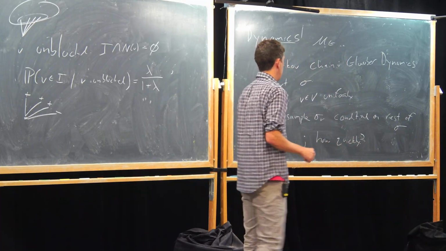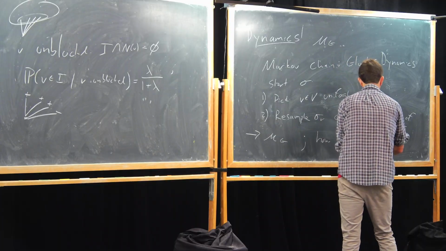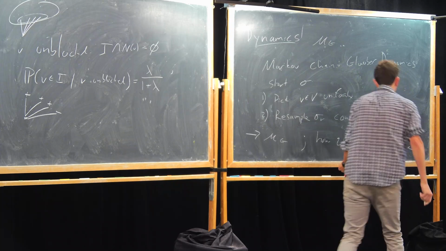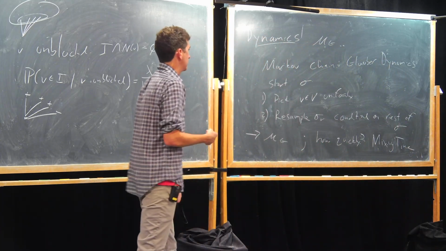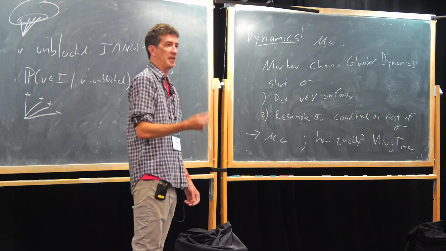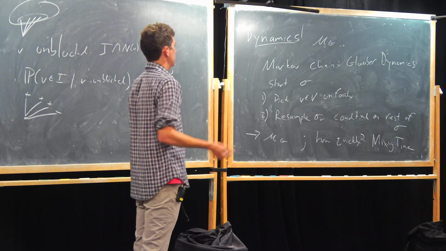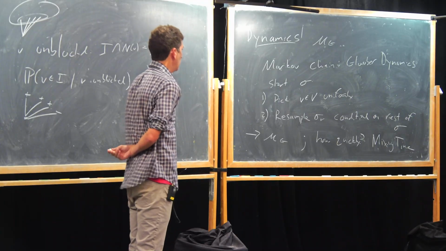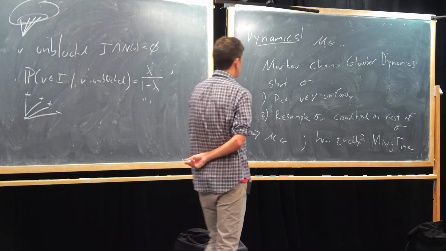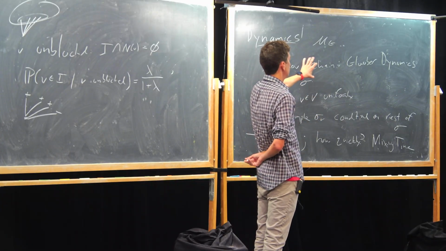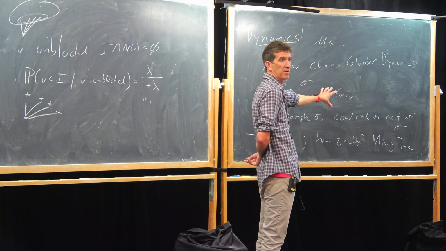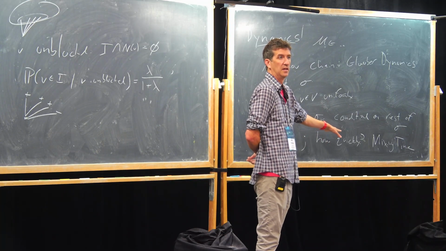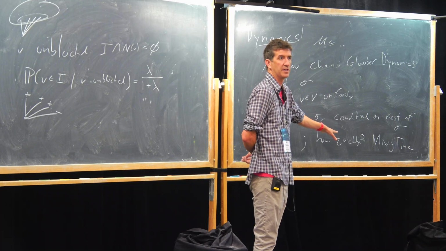One way to measure that, and there's tons of stuff about this, is in terms of the mixing time. This is the number of steps, starting from a worst case, that you need to get close in some metric to the target distribution. I don't want to say too much now, I'll say more later. But the point is that you can use this as an algorithm, and it's very easy to implement. Whether it's effective or not depends a lot on how quickly this process converges to the stationary distribution.